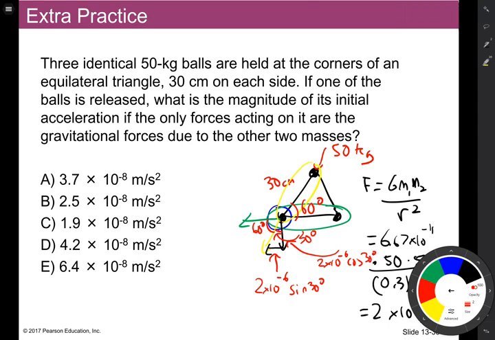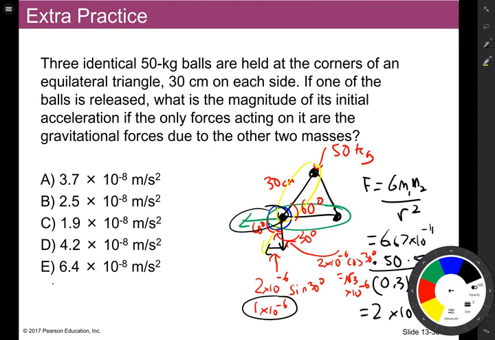Okay? And those angles are actually pretty easy, right? The cosine of 30 degrees is square root of 3 over 2. So this is just square root of 3 times 10 to the negative 6th. And the sine of 30 degrees is 1/2. So this is just 1 times 10 to the negative 6th. Now, to actually do the vector math, right, we add the x components, which in this case are this and then this whole green thing.